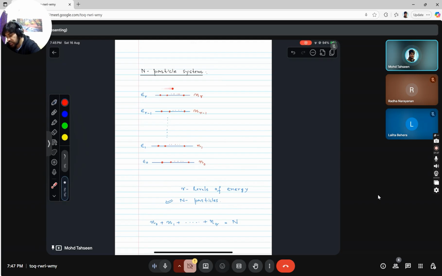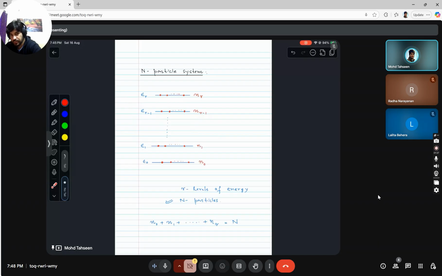Now this in itself is a microstate, right? There are different energy levels, and there are n0 particles here, n1 particles here, and this many particles here, this many particles here. The question is, for this particular microstate, what are the total number of ways in which it can be achieved? Okay, that is the question.